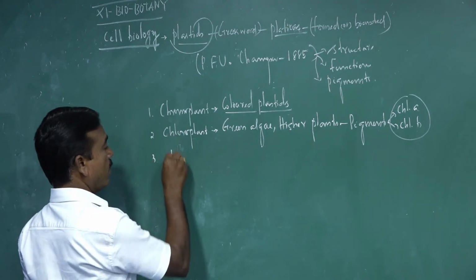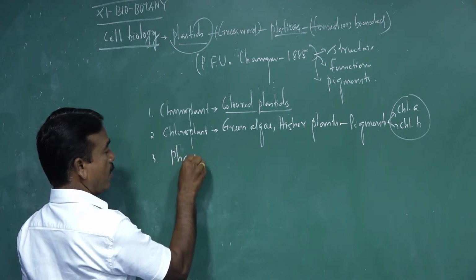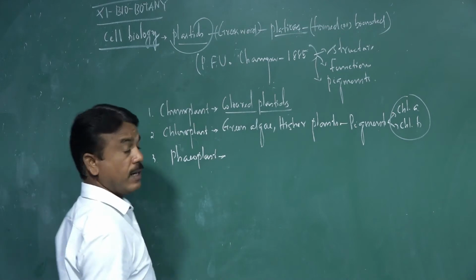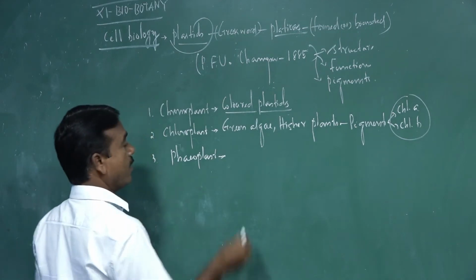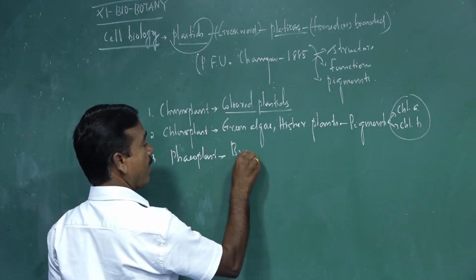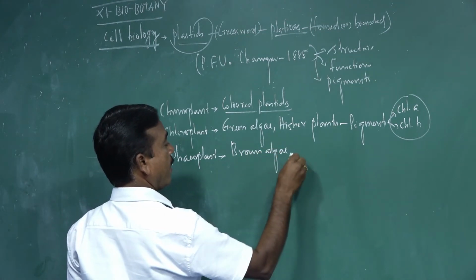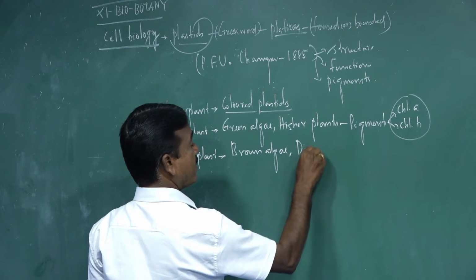Third one, phaeoplast. These kinds of plastids generally occur in brown algae and dinoflagellates.